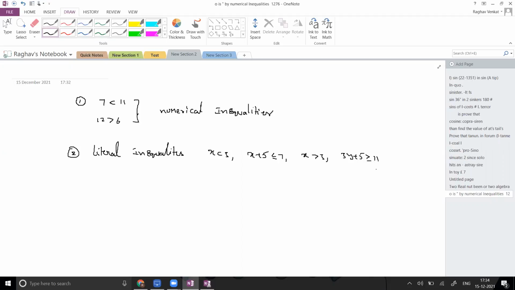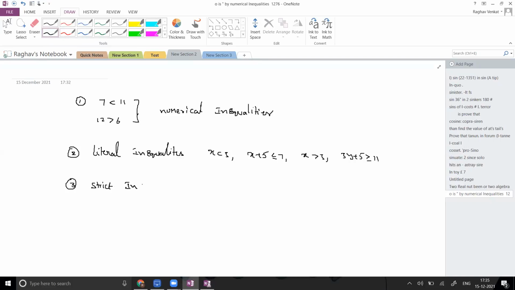Next one, strict inequalities. What is the meaning of strict? Yes, it doesn't have any kind of equal or something. It is saying exactly one particular condition. Those inequalities are called strict inequalities. I'm not writing it, it isn't required. If you know the meaning, that is enough.